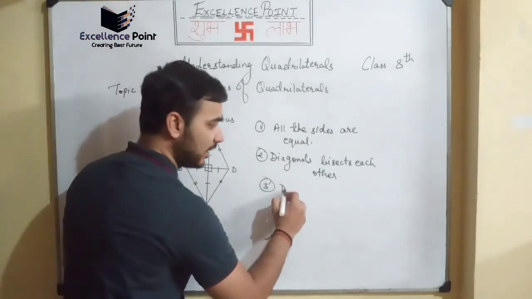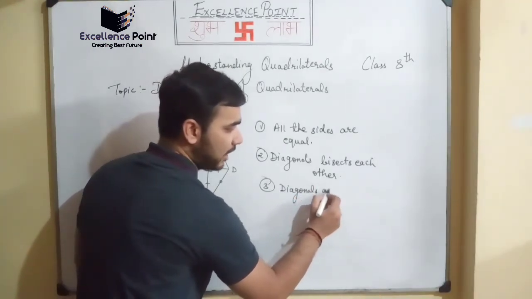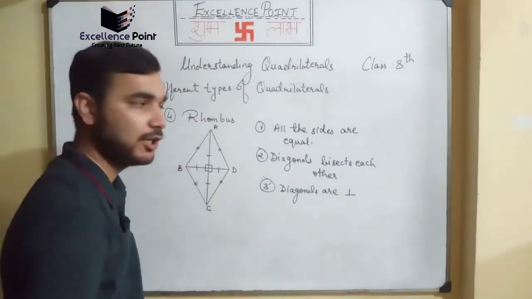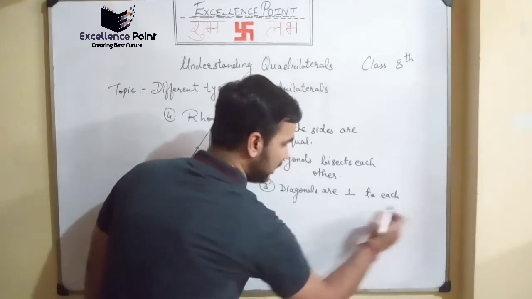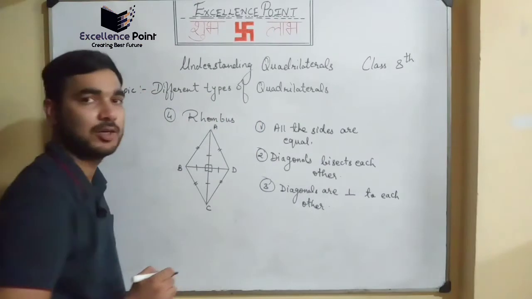So we can say that diagonals are perpendicular. This sign is of perpendicular to each other. This is the third property.